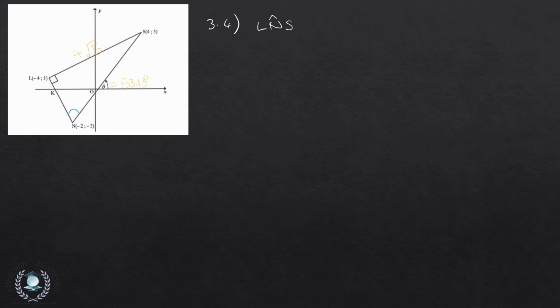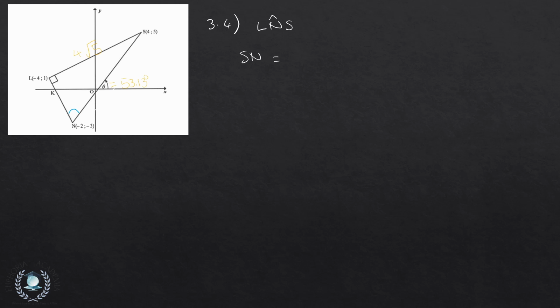So what I'm going to do is I will probably find the sine of that angle. But before I can find the sine of that angle, I need to calculate what is line SN. Okay? And to find SN, I will use the distance formula.